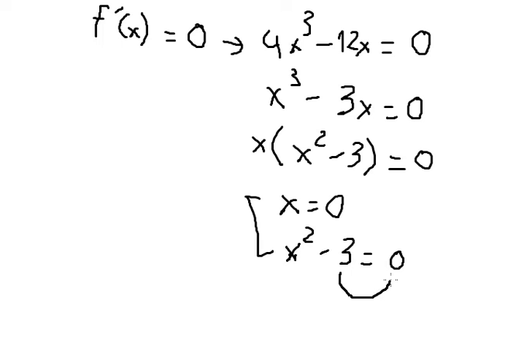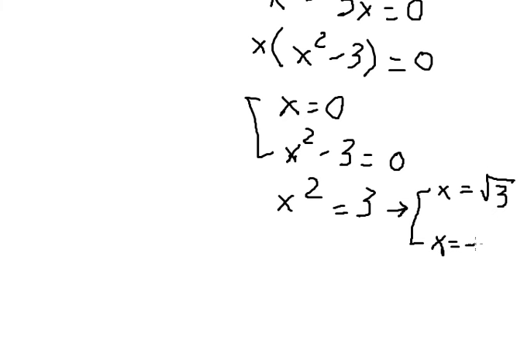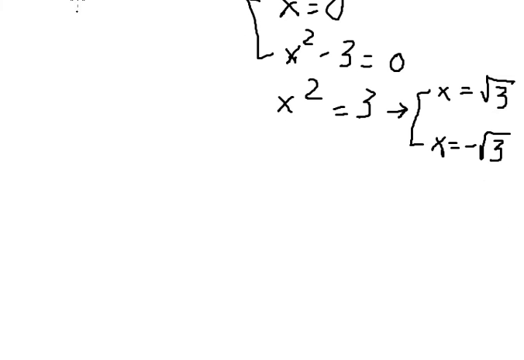So we put negative number 3 to the right, and we have s squared equals number 3. If we take the square root of both sides, we have two solutions. The first one is the square root of number 3, and the second one is negative the square root of number 3.